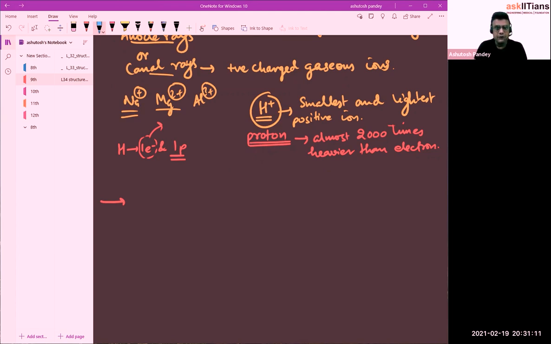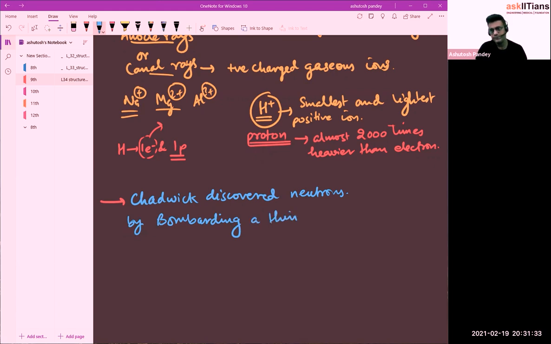What he did was, we can write, Chadwick discovered neutrons by bombarding a thin sheet of beryllium by alpha particles.